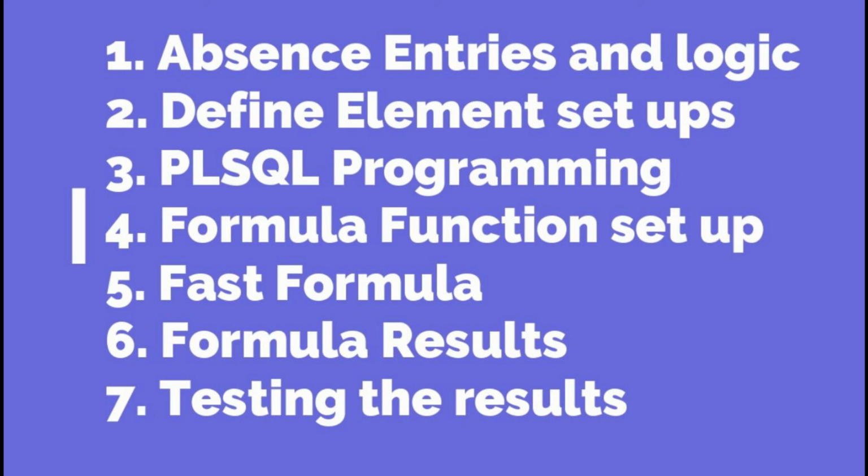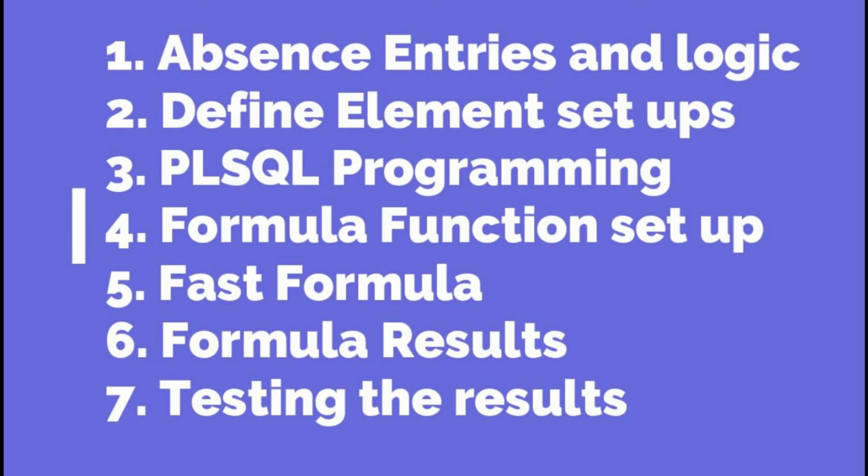Now in the next video, what I'm going to show is how, from this first formula, we can get the out variables and assign them to the elements, so that when we do the payroll run or a quick pay, the element will call the fast formula, and the fast formula will do the processing based on the logic.